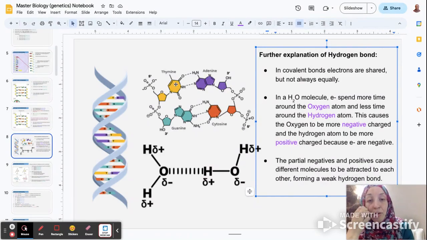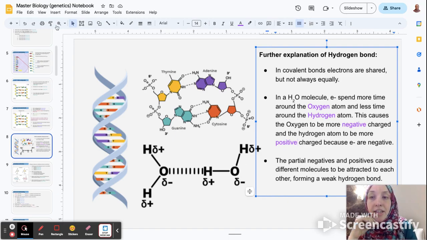So hydrogen bonds form between different molecules. That is comparative to a covalent and ionic bond, which are attractions within the same molecule. So this hydrogen is covalently bonded to the oxygen, and they're part of the same molecule, the molecule of water. This hydrogen bond is between 2 different molecules, a molecule of water and another molecule of water.